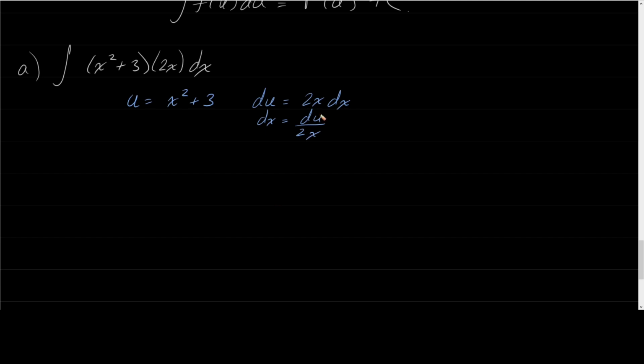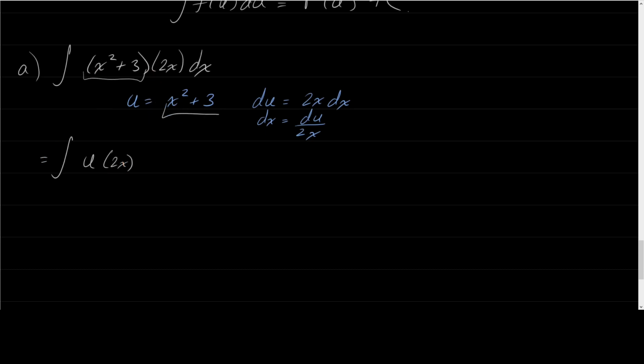Now that I have that, I can go back and rewrite this integral. Hold on, this x squared plus 3, that was for u. Sorry, let me restate that correctly.